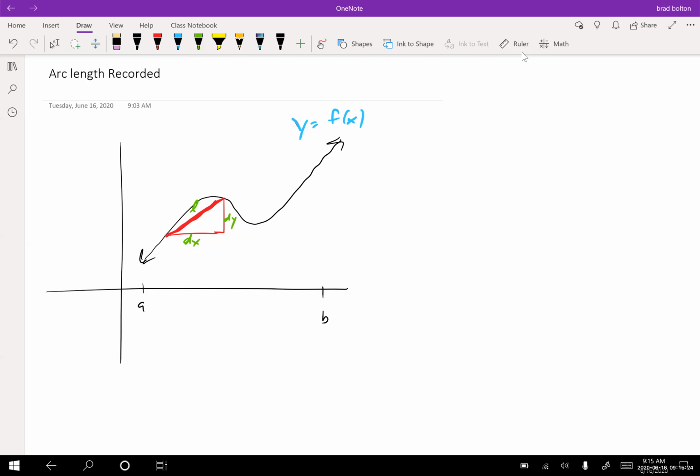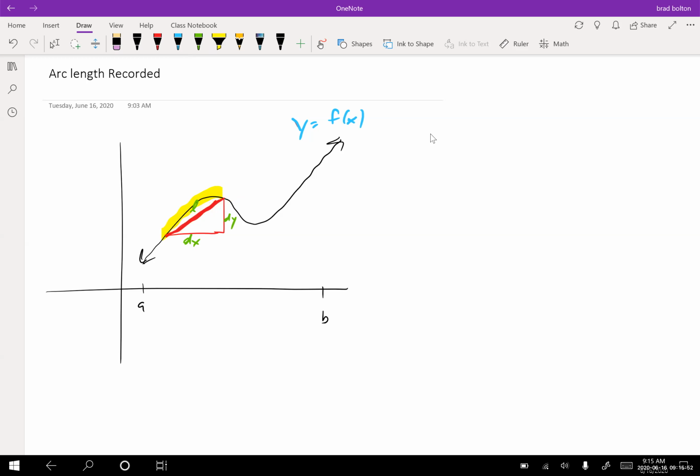Now the thing is, I know it's not exactly true. Sorry about this, you guys, my screen won't close. So this distance right here is similar to this distance right here.